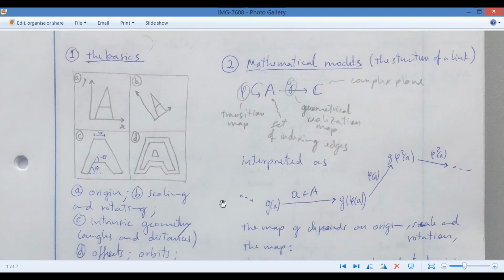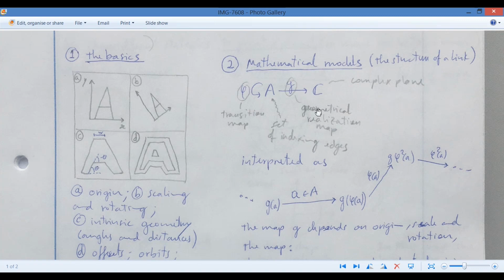Modeling this notion as a mathematical tool, we get a structure which we call a link. It consists of a set of indexes, as many as the edges that you are considering, but it's just indexes. A transition map saying that to each edge, what is its following edge in the oriented contour.